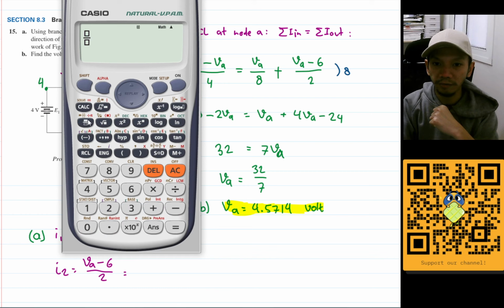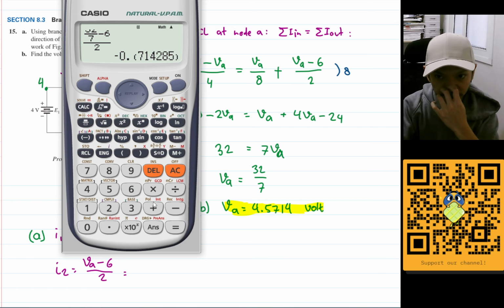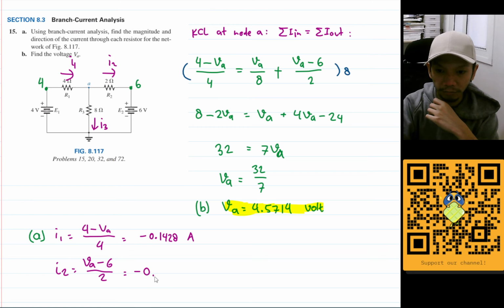VA is 32/7, and then minus 6 divided by 2. We will have minus 0.7143, and the unit is ampere. So I2 is actually going to the left with the magnitude of this one.